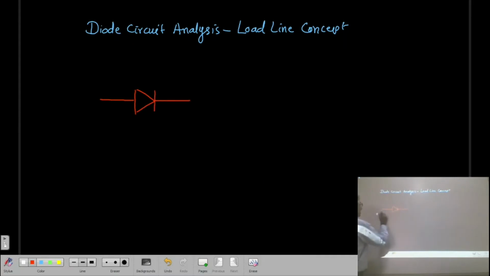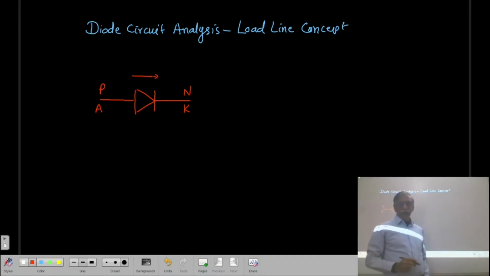One terminal, the p-type material, is known as the anode of the diode, and the n-type material terminal is known as the cathode of the diode. This arrow indicates the direction of the current flow when the diode is in forward bias.